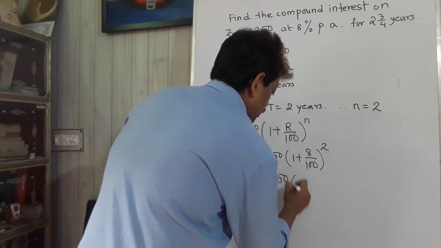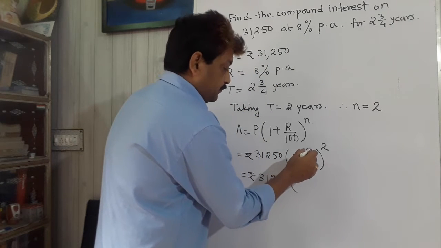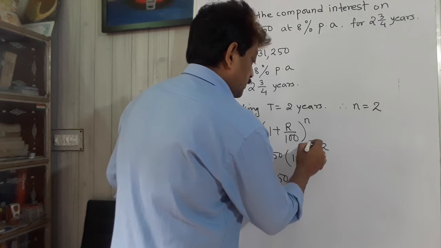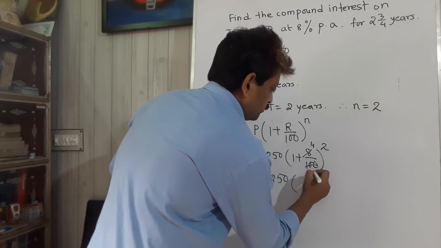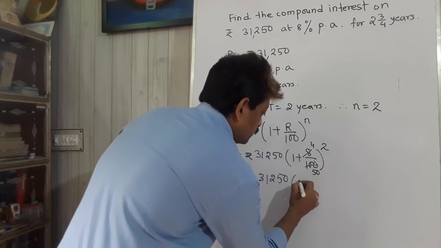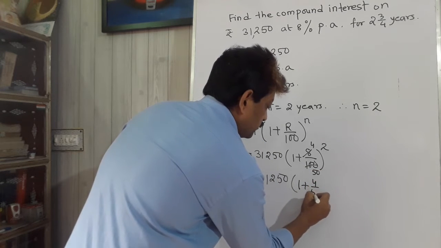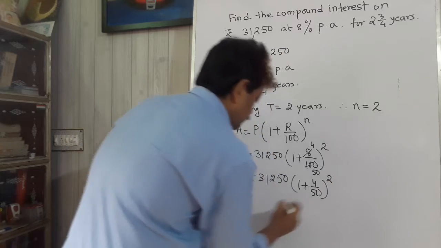So it is 31250 multiplied with (1 plus 8 upon 100) squared. We can cancel this: by 2 it will be 4, and by 2 it will be 50. So it is 1 plus 4 upon 50 to the power 2.